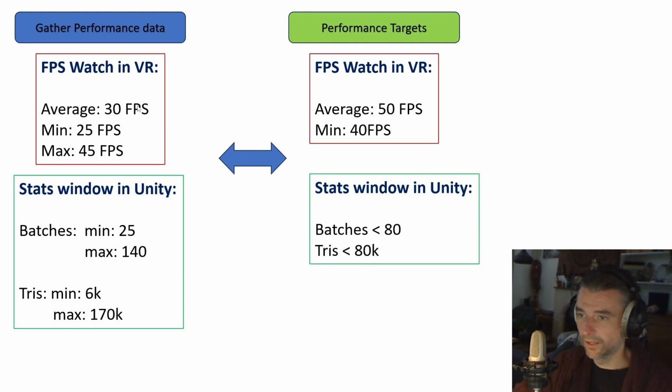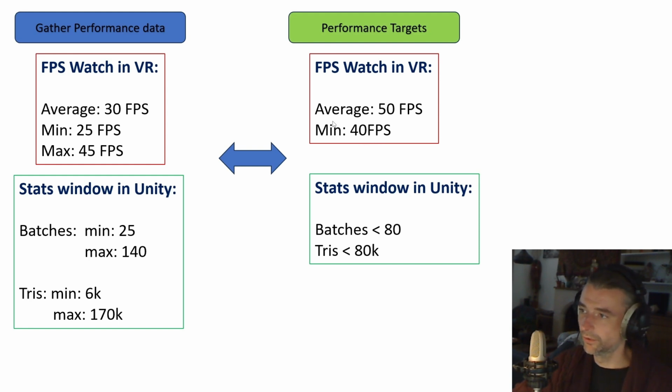So let's check the performance data we just gathered against our performance targets. And we can see that we are not reaching our performance targets just yet, because we're supposed to have on average 50 FPS, and we should never drop below 40 FPS, because that will cause motion sickness.